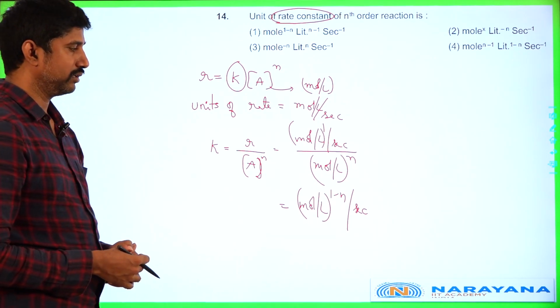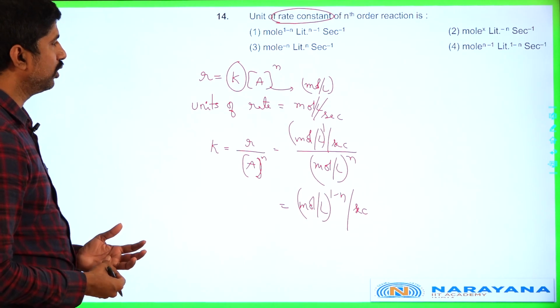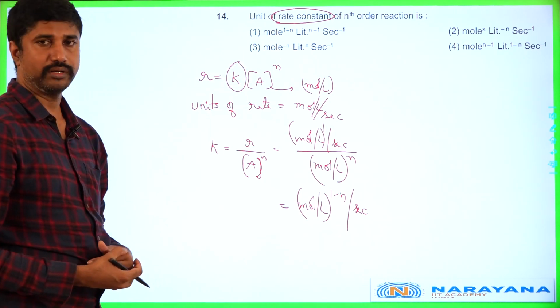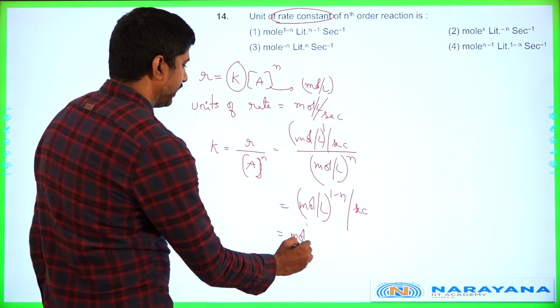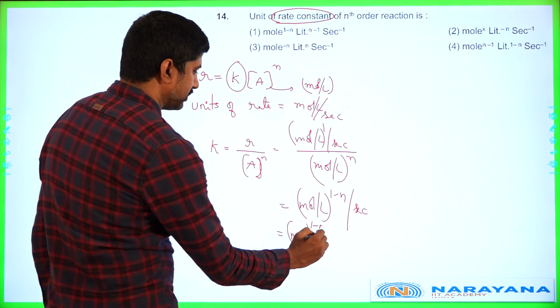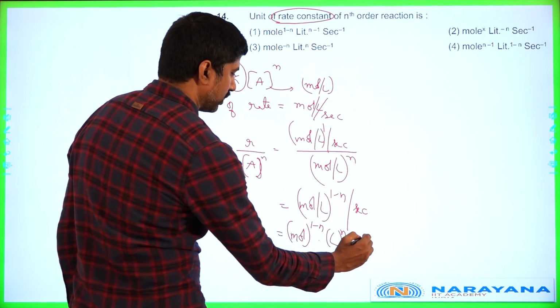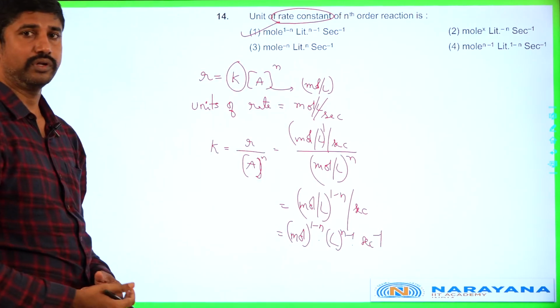That is mole power 1 minus n, liter power n minus 1, and second inverse. So the first option is the answer for rate constant.